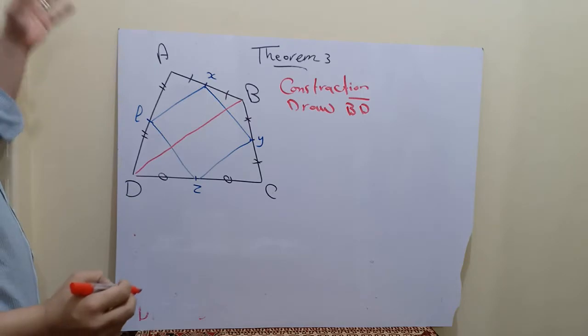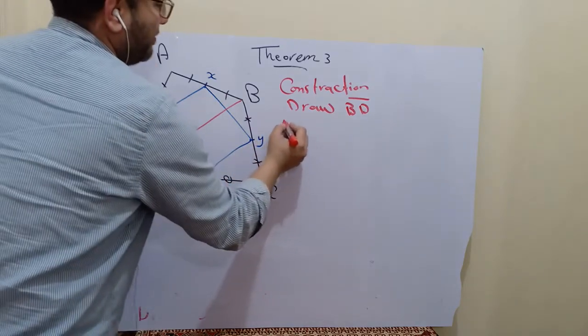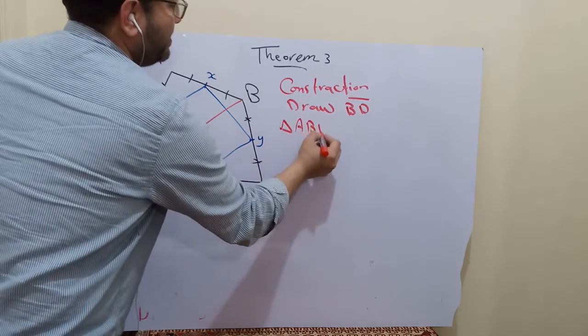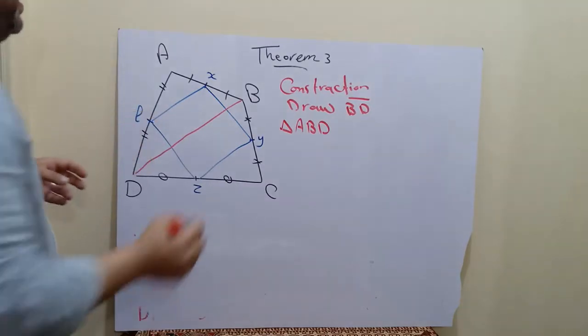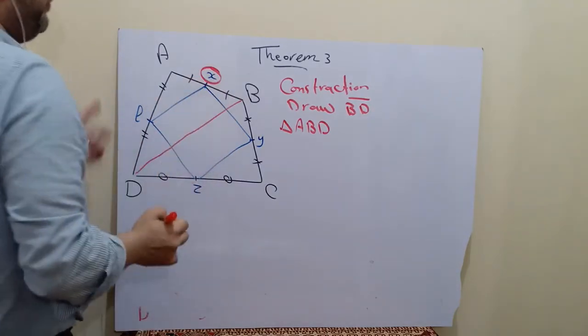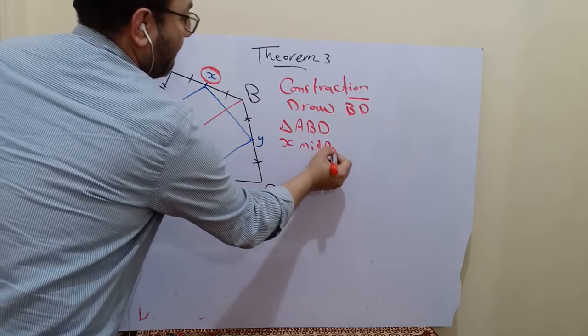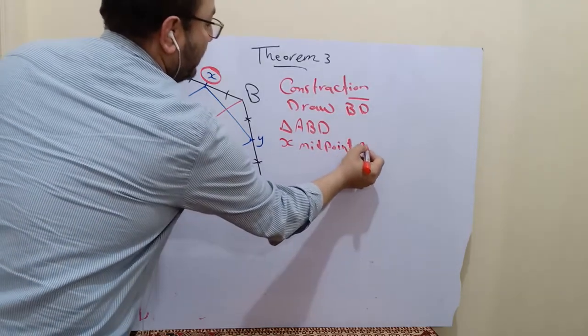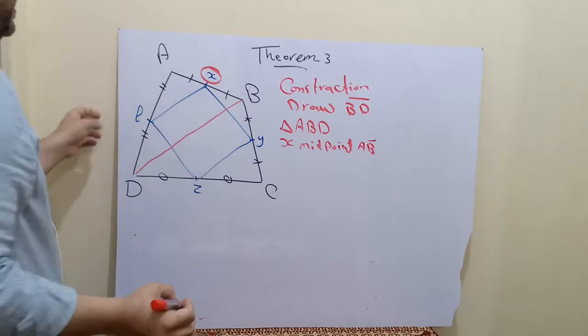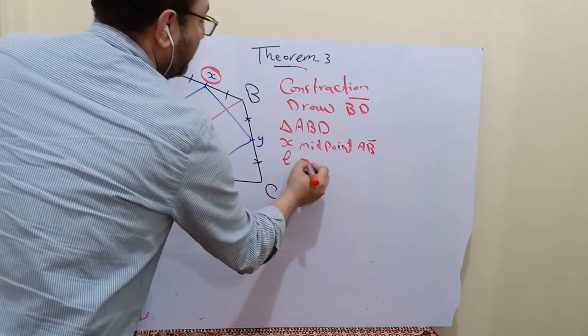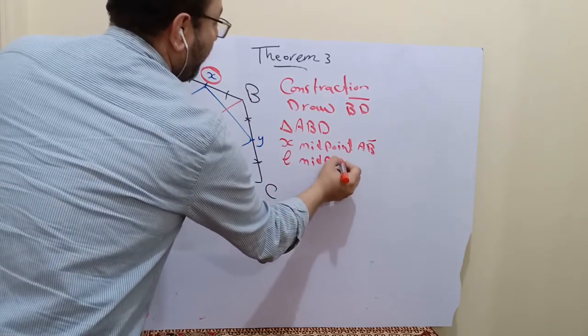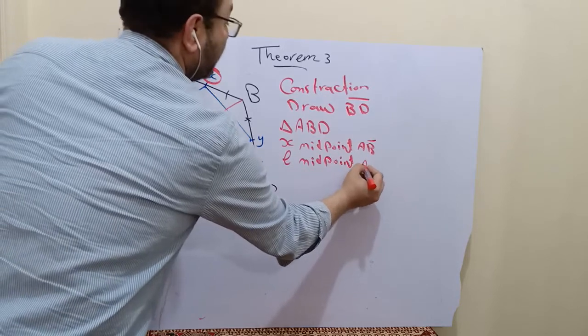Now, look at the triangle ABD. X is the midpoint of AB. L midpoint of AD.